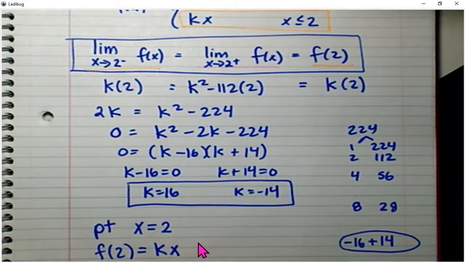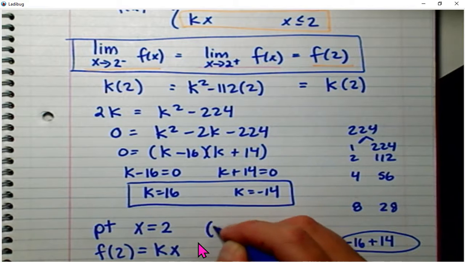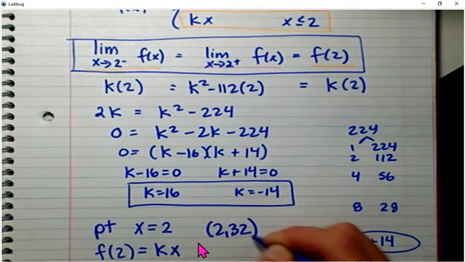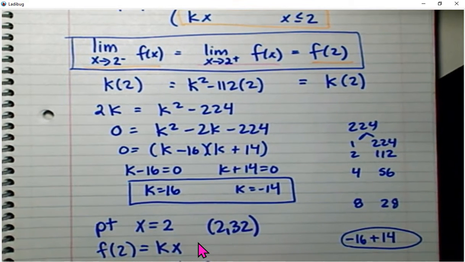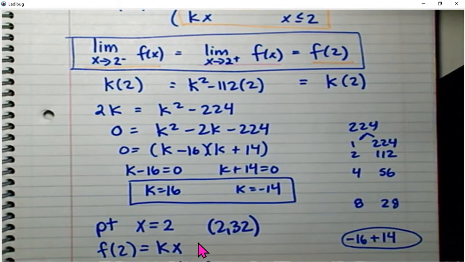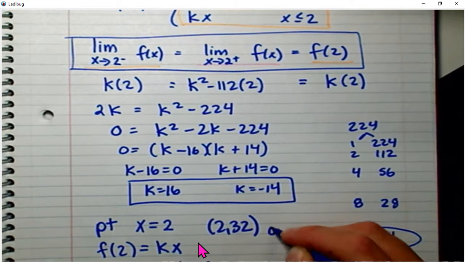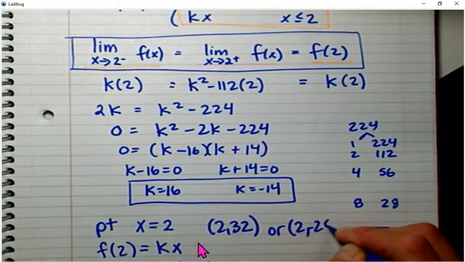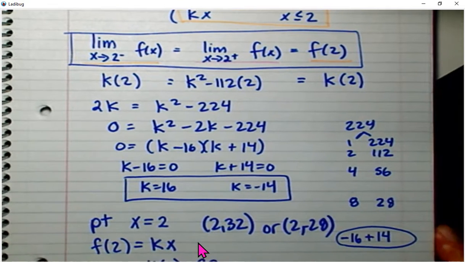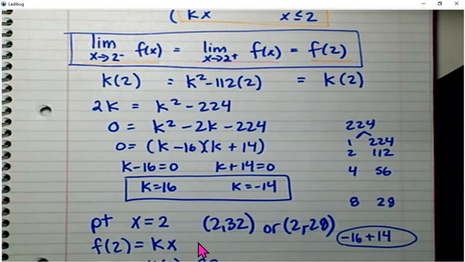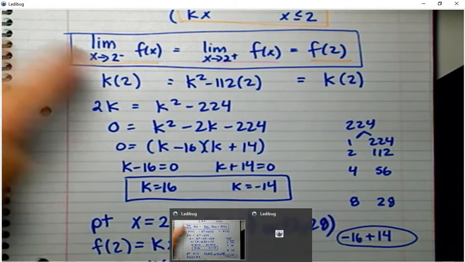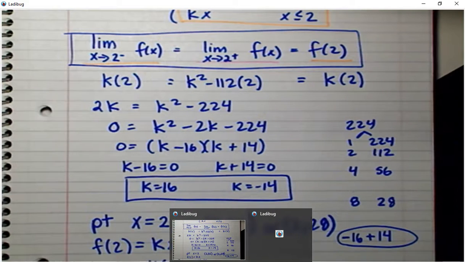So it's either going to be 16 times 2, which is 32, or negative 14 times 2, negative 28. Those are the two places that the graph should meet. You need to know where you're looking, so now we're going to look at those specific points to see if the graphs actually touch.